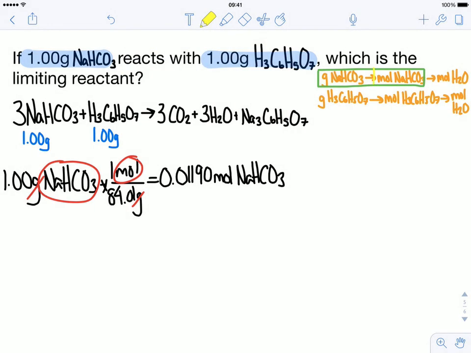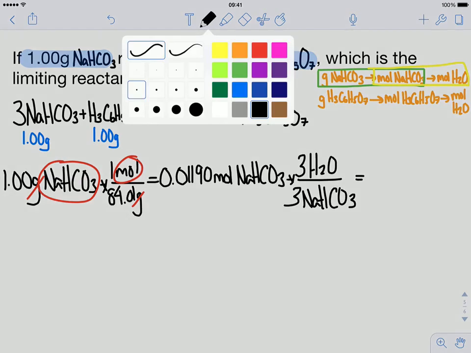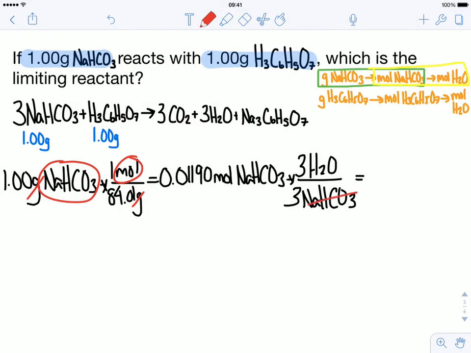Now we need to convert moles of sodium bicarbonate to moles of water, which is the product that I picked. And we do that by using the molar ratios. So what are the molar ratios between these two substances? There are 3 NaHCO3 to every 3 waters. Now because 3 over 3 is basically 1 over 1, the number is going to be the same, but our unit's going to change.